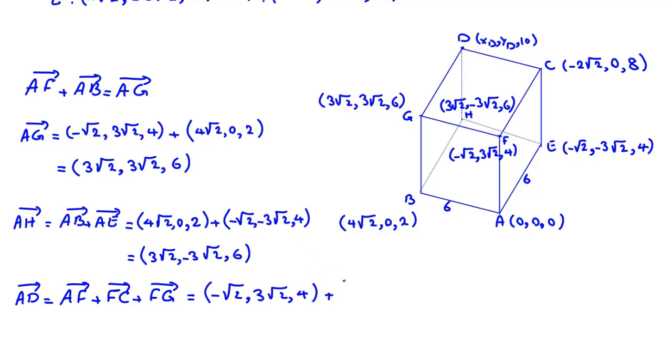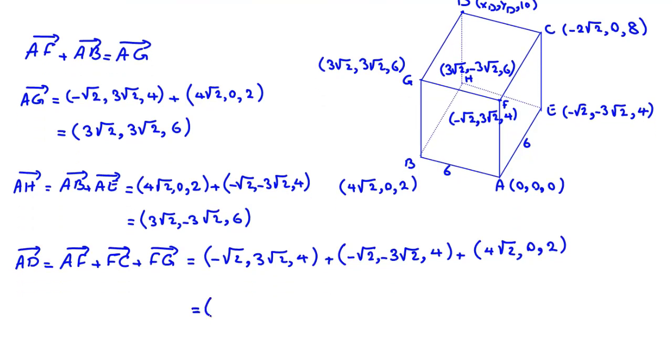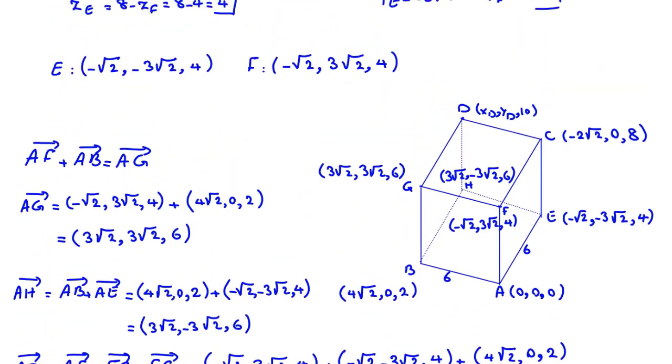FC is C minus F, so it will be negative 2 root 2 minus root 2, negative 3 root 2, and 4. Plus FG is 3 root 2, 4 root 2, 0, 6 minus 4, 2. Now, if we add them, it will be 2 root 2, 3 root 2 minus 3 root 2, 0, and 4 plus 4 plus 2 is 10. So D is 2 root 2, 0, 10.